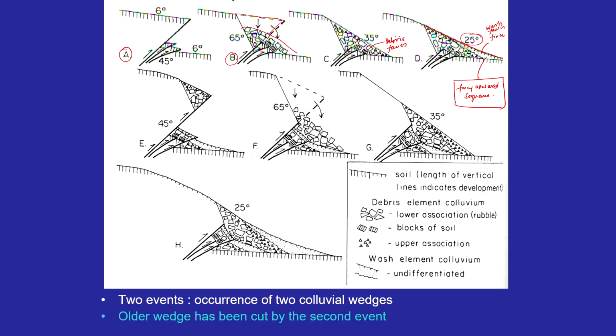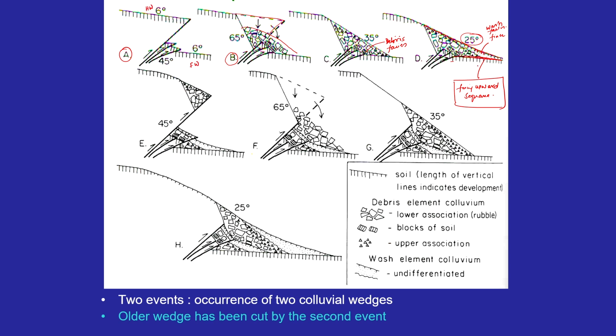Now again, after this whole slope has been stabilized, what we see is the soil which has been forming here, but the previous soil is sitting over here. Okay, so this is the previous soil unit, and this will be your footwall, and this will be your hanging wall.